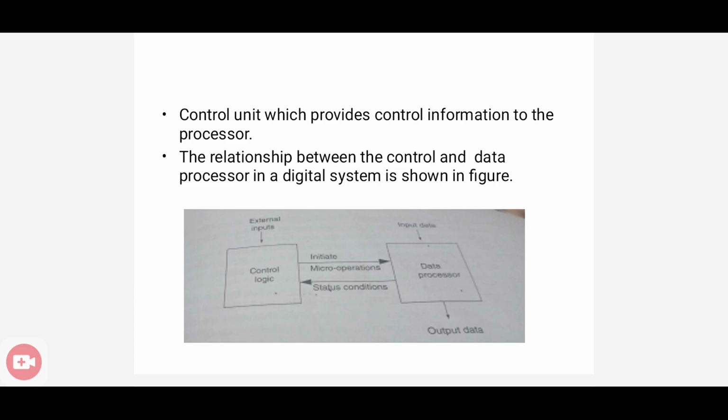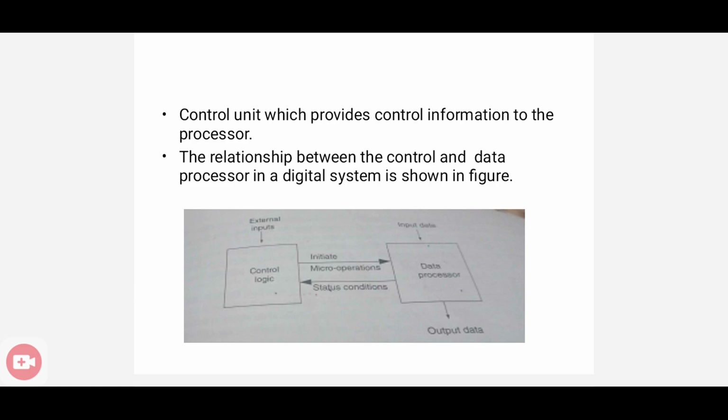In this figure we can see there are two main components: one is the data processing unit and the other is the control logic, and the figure shows how these two components are related. What is the function of the data processor? It accepts some input data, processes that data, and produces some output.